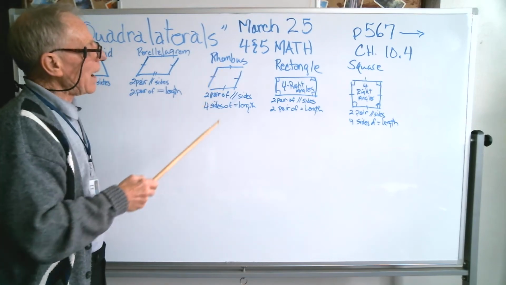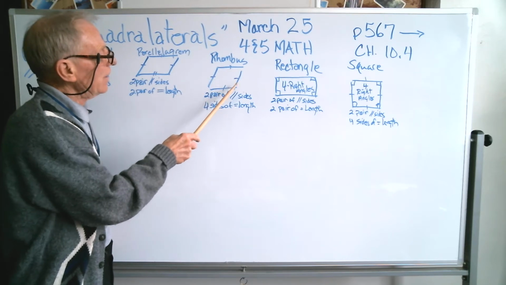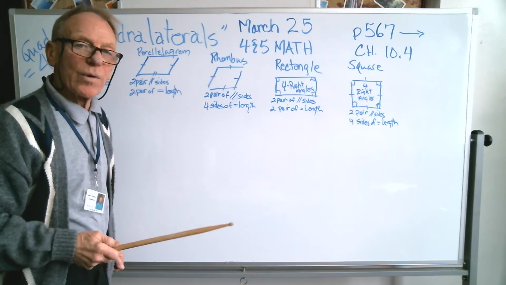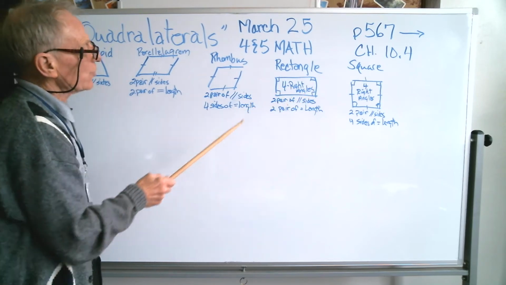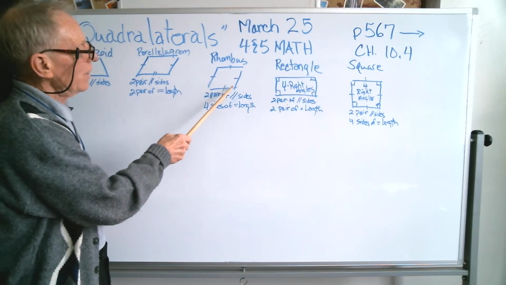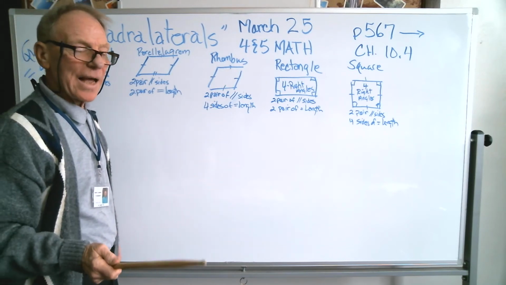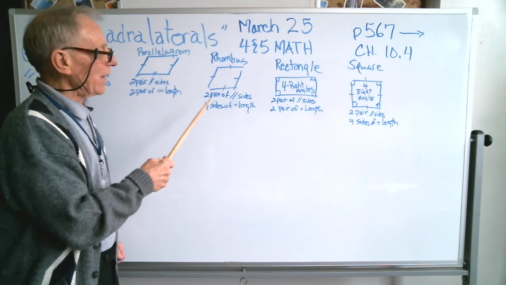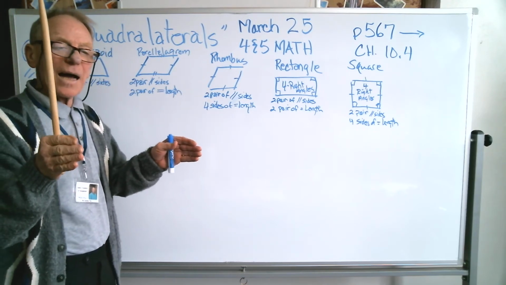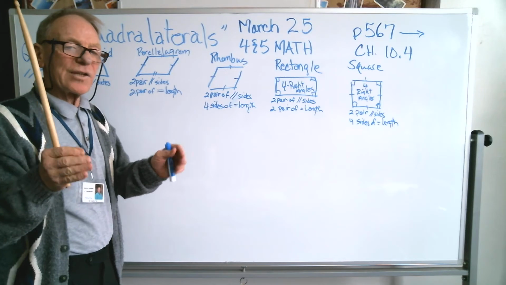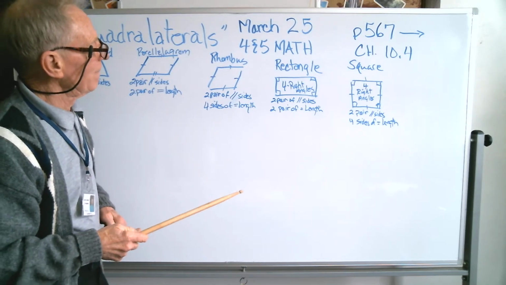But what makes the rhombus unique is the fact that each side is of an equal length. So all four sides have an equal length, like a square, but the angles are not 90-degree angles. So it can be any equal-sided object that does not have a 90-degree angle on its four corners.